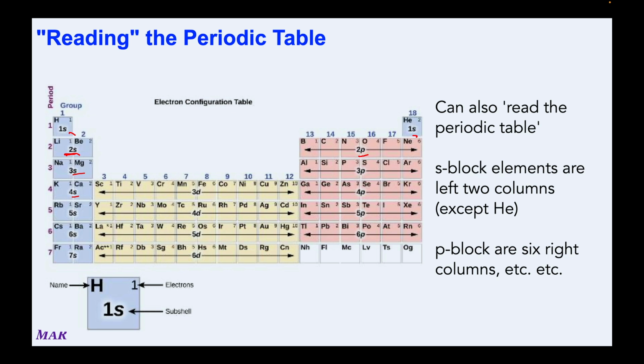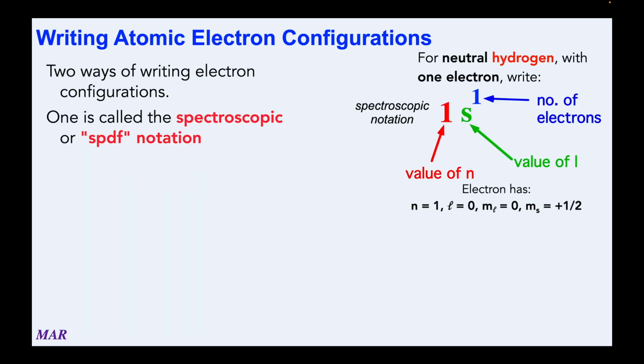So when you're writing electron configurations, the most common way is to use what's called spectroscopic or spdf notation. And on the right-hand side there, this is an example of the electron configuration for hydrogen. So you use the nl notation. So hydrogen has n equals 1 and l equals 0, which is s, 1s. And then the superscript shows the number of electrons.